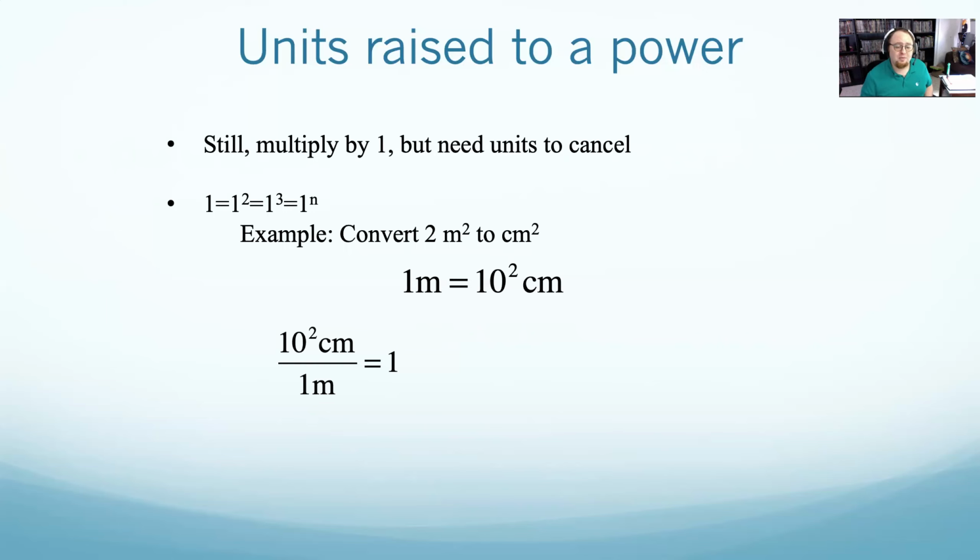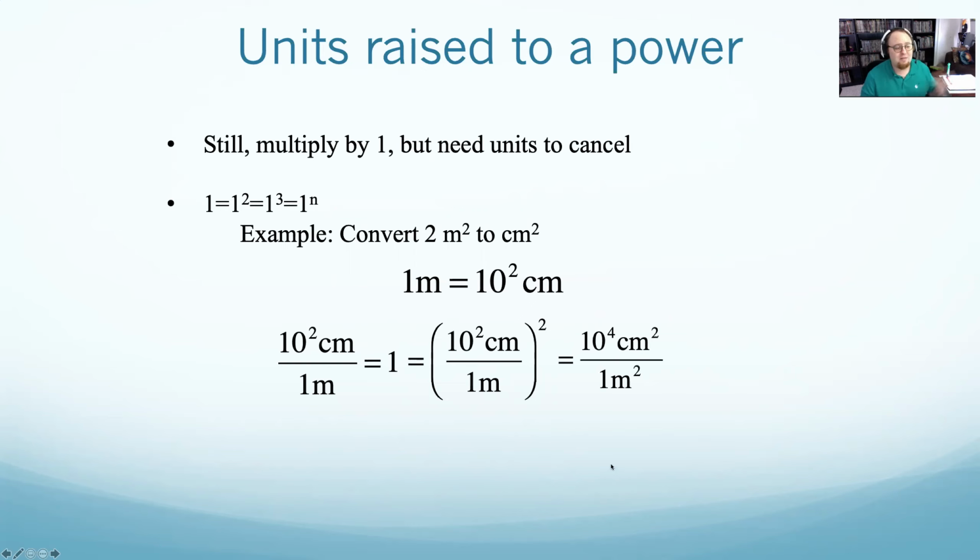I'm going to square that entire thing: I'm going to square my 100, my centimeter, my 1, my m. And so instead of saying that there's 10 to the second centimeter in a meter, there's 10 to the fourth centimeter squared in a meter squared. And get a new conversion factor.